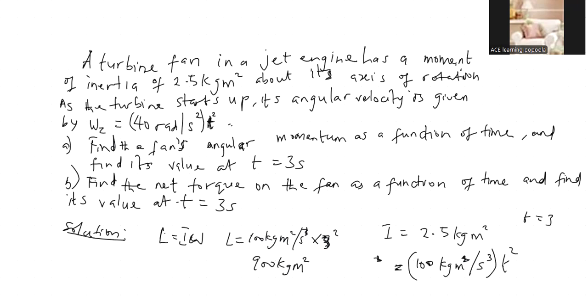The reason it is per second is because the unit of t squared is going to be second square, and previously we had a second cube, second raised to power 3.